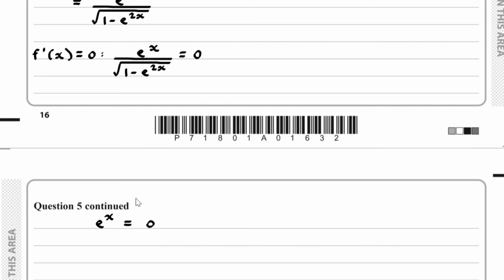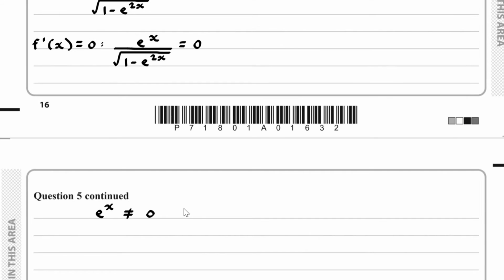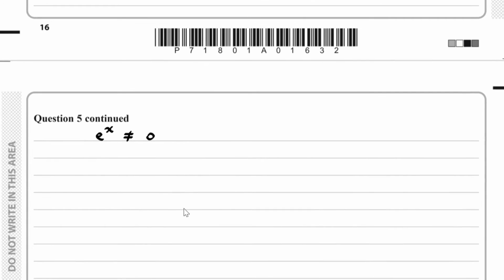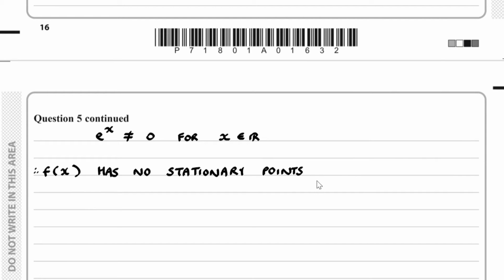Now, can we solve for x at this point? Well, there are no values of x which make e to the x equal to 0, so e to the x does not equal 0. And this is true for all real values of x. And what we can conclude from this then, f of x has no stationary points.